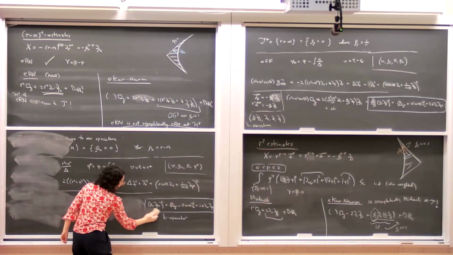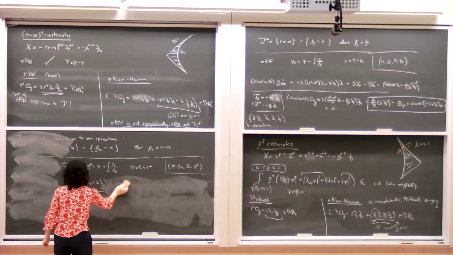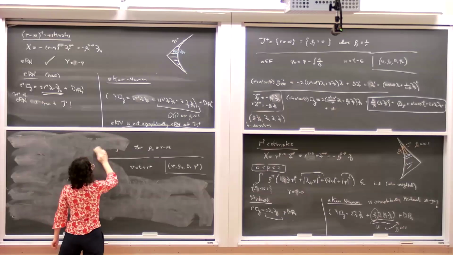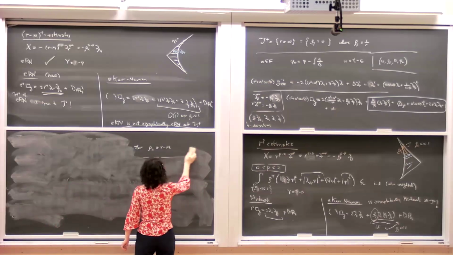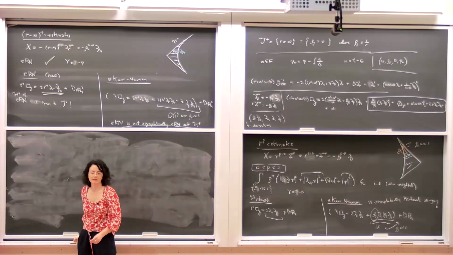So this is where we start to realize that we cannot expect the same hierarchy that holds in extremal Reissner-Nordström to smoothly go through in this case.